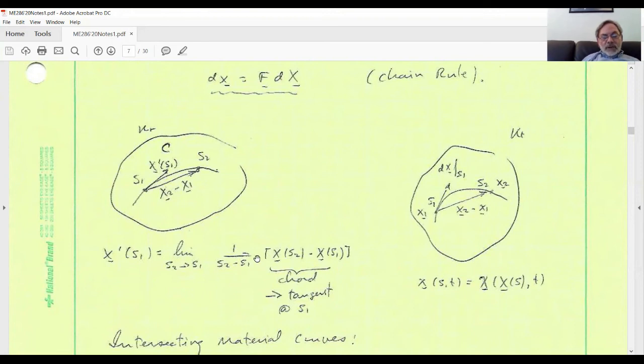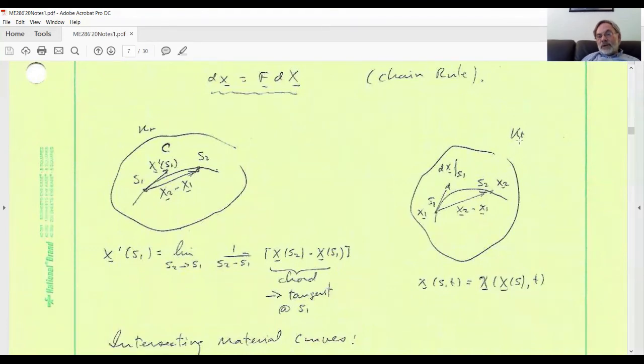As S2 approaches S1, the chord, of course, becomes closer and closer to the tangent. So as S2 approaches S1, you can see immediately the chord becomes tangential to the curve in the limit, so that this derivative is tangential to the curve at the point X1. So we could think of this dX, which is that derivative times dS at the point X1, that is also tangential to the curve.